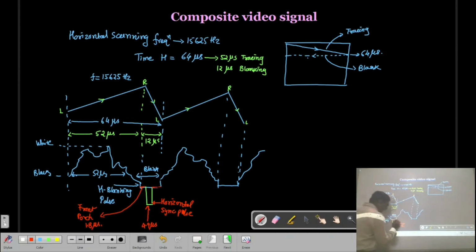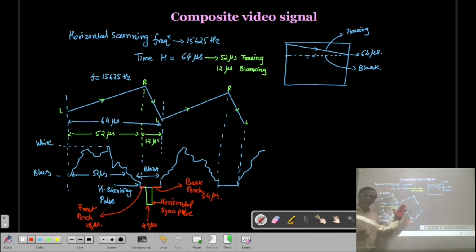And whatever the remaining part is there in the blanking pulse, it is known as a back porch. This back porch is of a time duration of 5.4 microseconds. So if you take the summation of 4.9, 1.8 and 5.4, it will be roughly 12.1 microseconds.